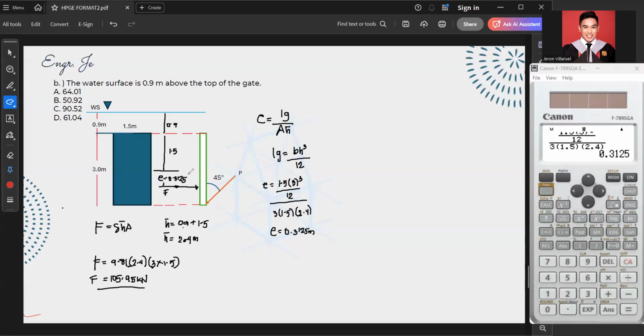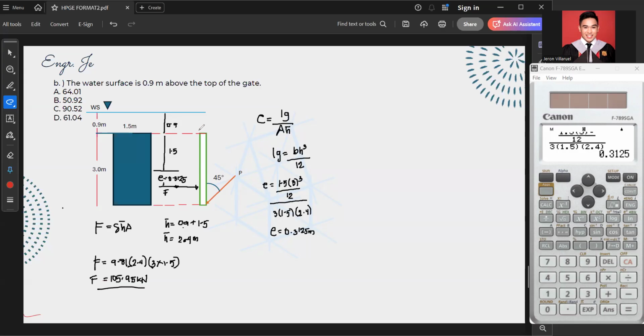Since we have already now our eccentricity, we can now have our location of the hydrostatic force from the top or the hinge, and that is just 1.5 plus 0.3125.